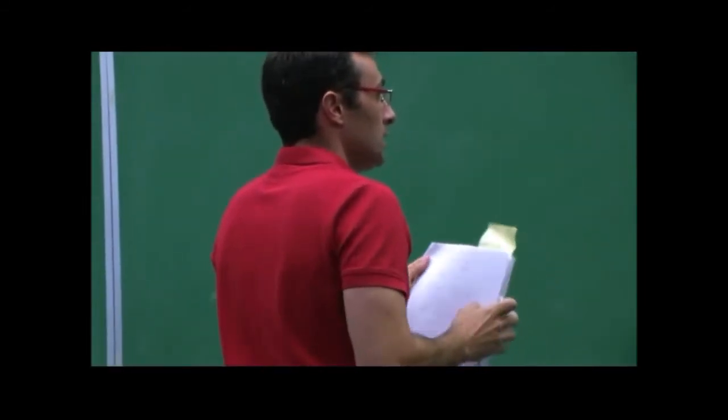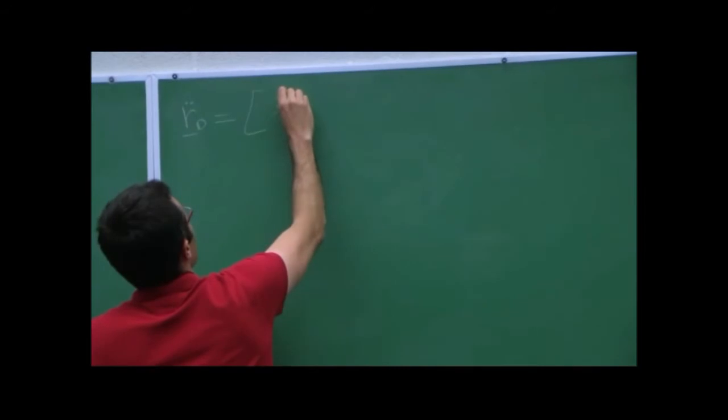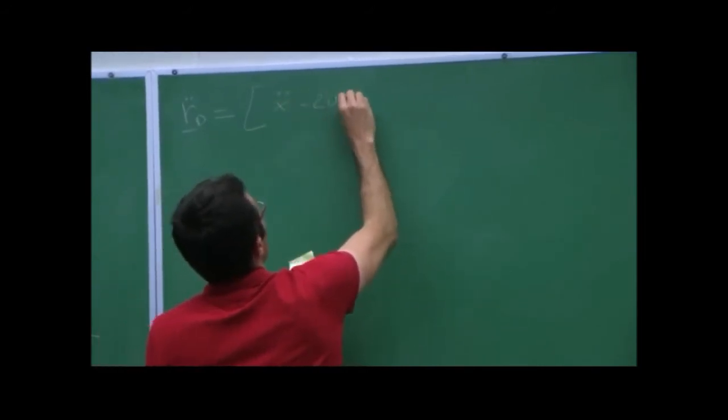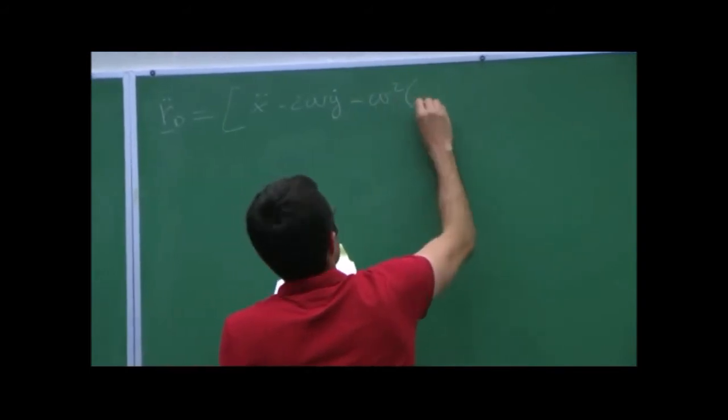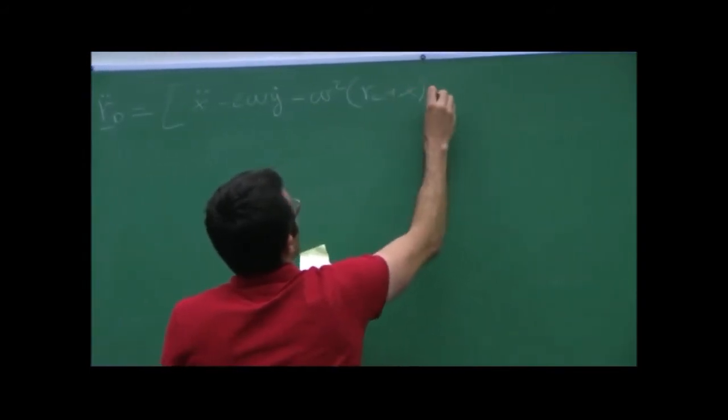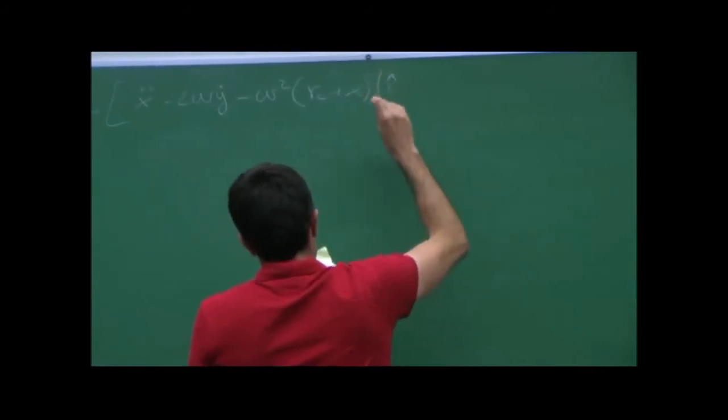If you substitute theta dot with omega there, remove everything that has a theta double dot or an RC dot or RC double dot, we have that RD double dot looks a little nicer. It's going to be x double dot minus 2 omega y dot minus omega squared RC plus x in the I direction.